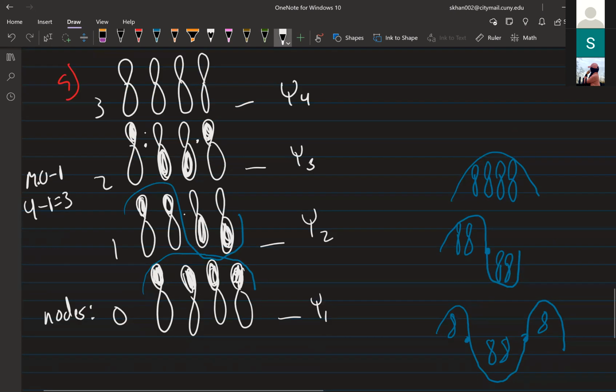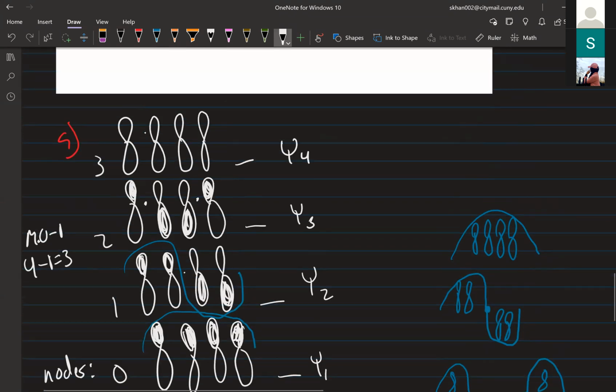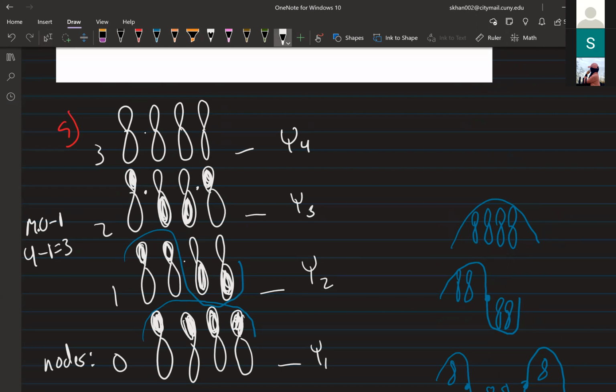Last wave, you have 1, 2, 3 nodes. Put an orbital here, here, here, here. Everything is out of phase with each other. This is more important for the second. It's just a trick I wanted to show. I don't like people memorizing stuff, so this way you could always figure stuff out.